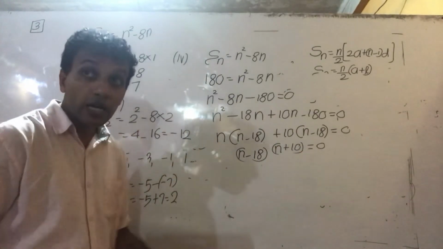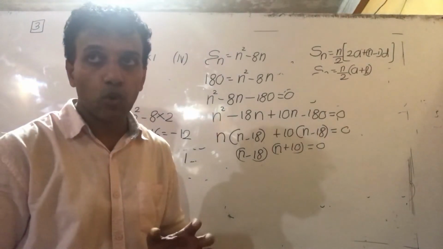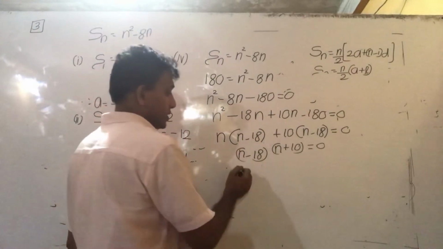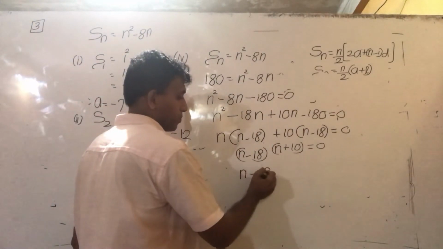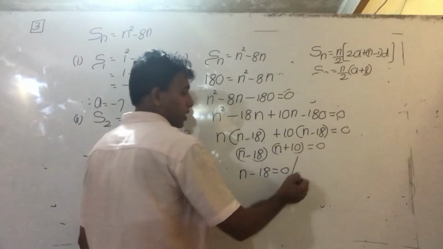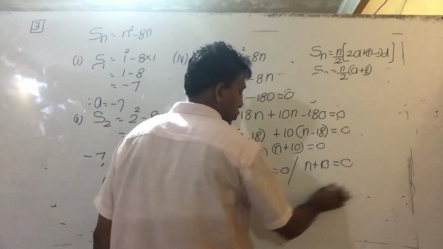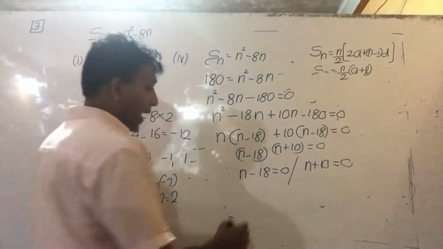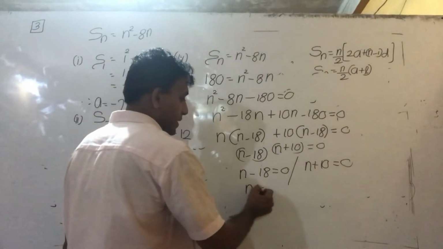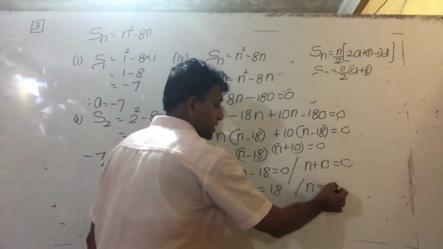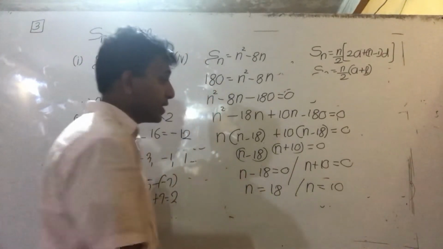Then you learned properly that in a quadratic equation, two brackets equal to 0, so this is 0, or the other one, n plus 10 equals 0. Therefore n equals plus 18, or n equals minus 10.